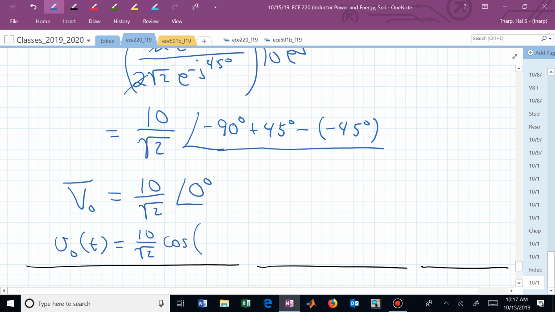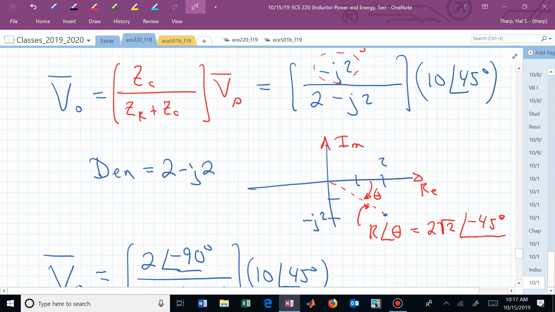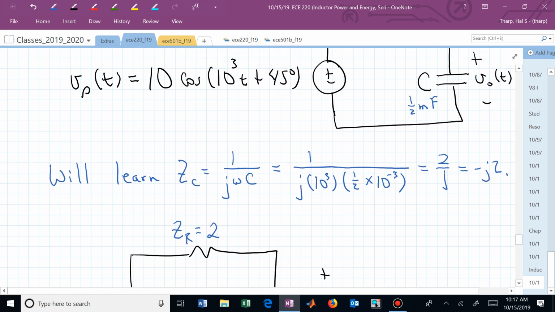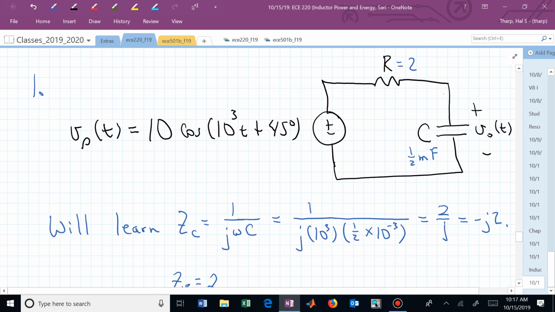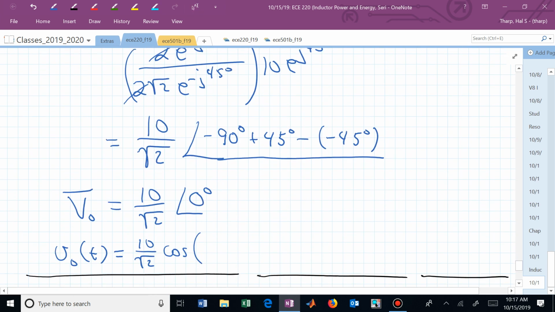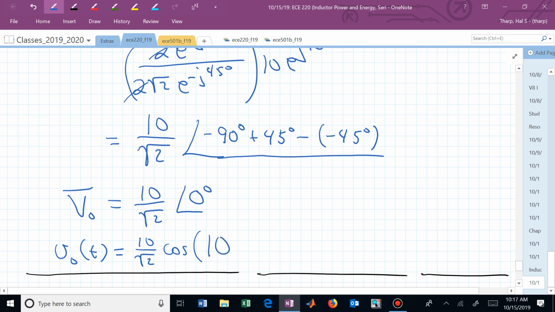What was the frequency? Well, we have to remember what was on the side, and that was 1,000. So everything's shaking at 1,000. This is a linear system, so everything shakes at the same frequency. It's now 1,000 t, and what's our angle?